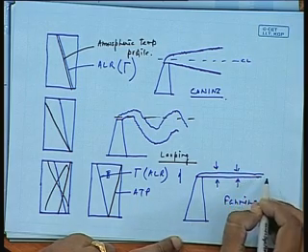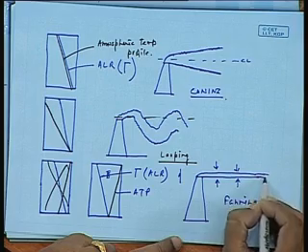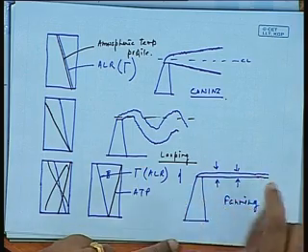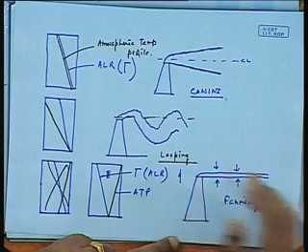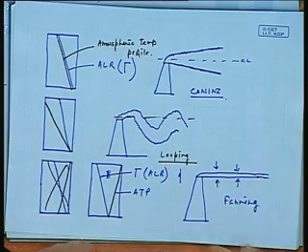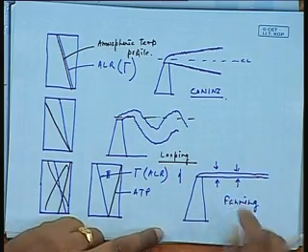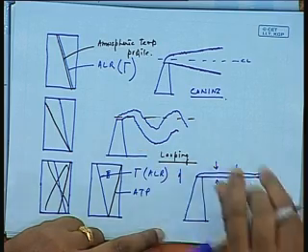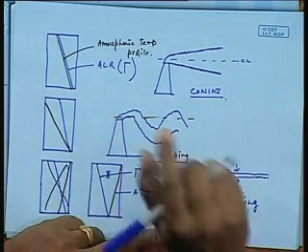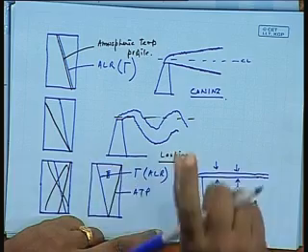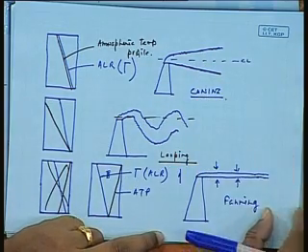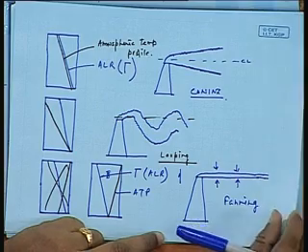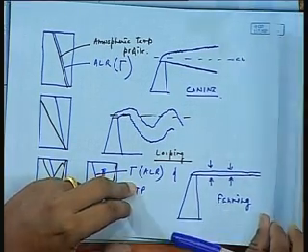The fanning would take place where the plume would not be able to be distributed as vigorously as it was in the case of coning and looping. It would be more or less like a band, instead of a loop or a cone that you can observe in coning. So this is fanning, coning, and looping that we can see.